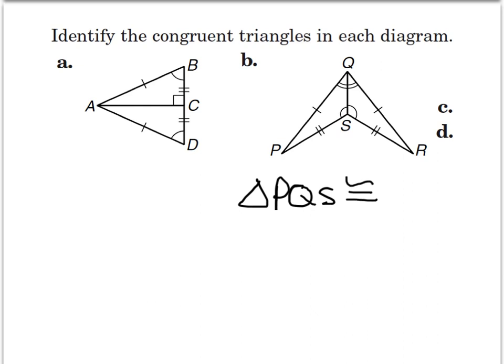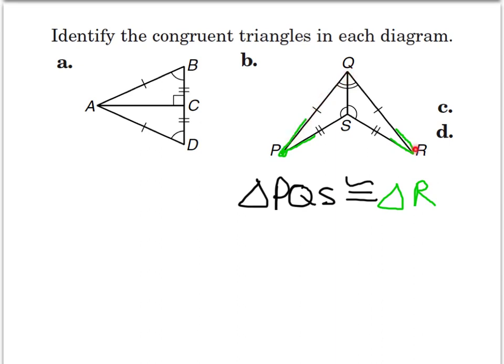So we start at P, and angle P, that angle is made up of a segment with two congruence marks and a segment with one congruence mark. So that tells me angle P is corresponding with angle R. So I know that the second triangle's name will start with R. Now, I go from P to Q, which follows along this segment with one tick mark.